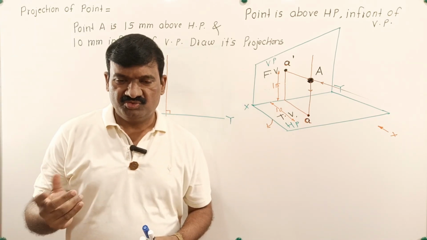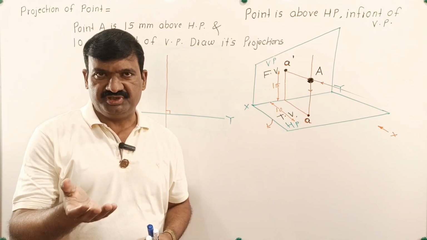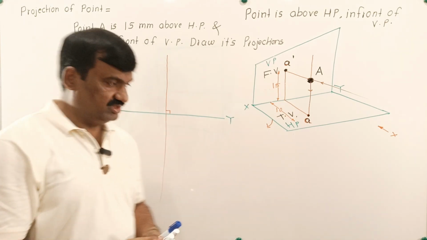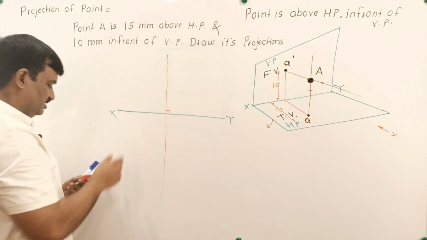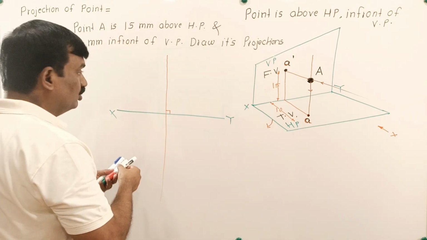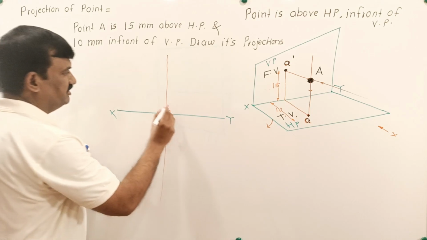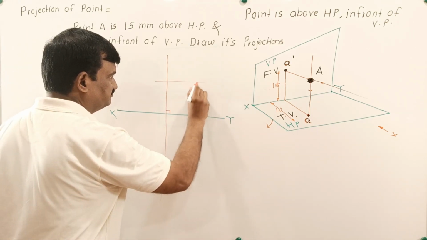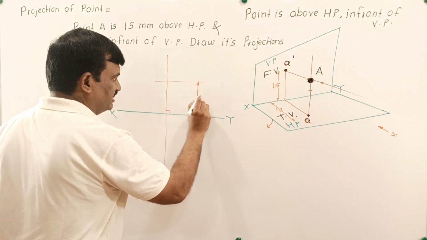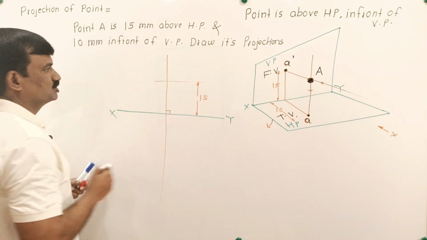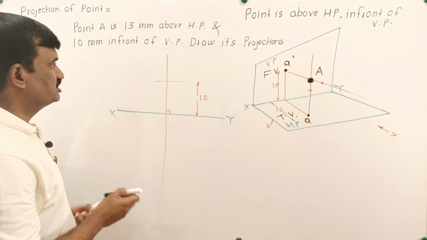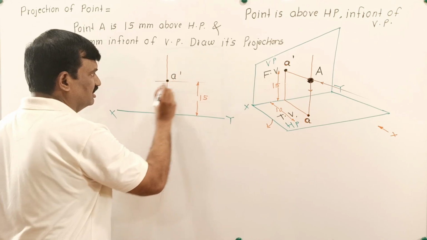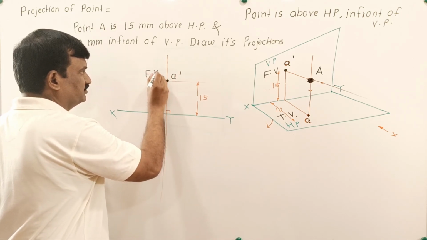When any point is above HP, its meaning is that front view of the point is above XY, and the distance is 15. Let this distance be 15. So this is the front view.